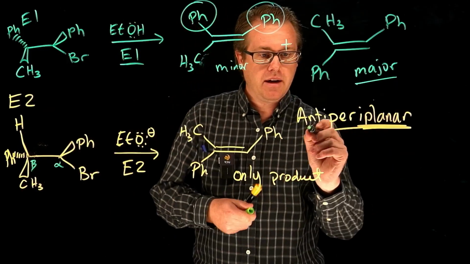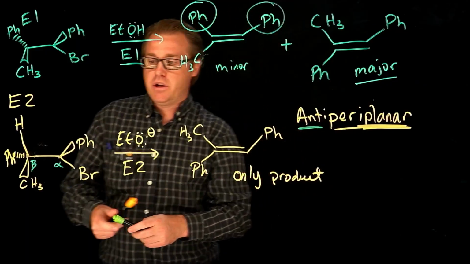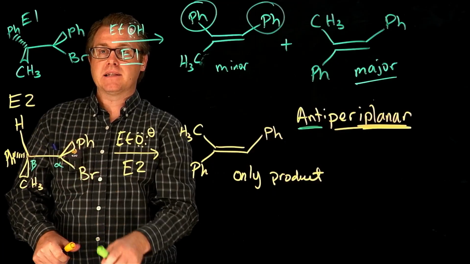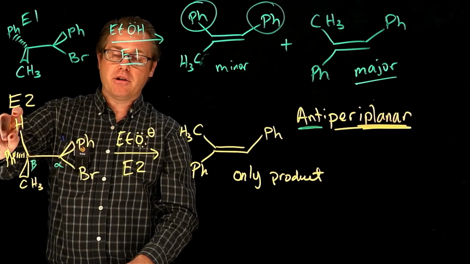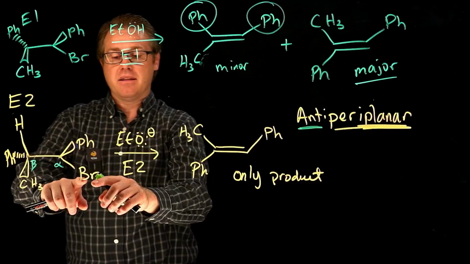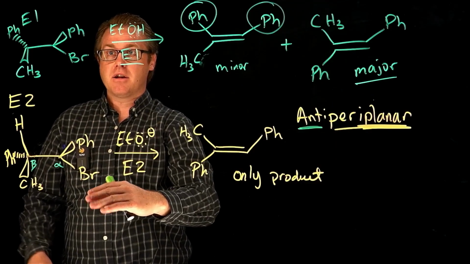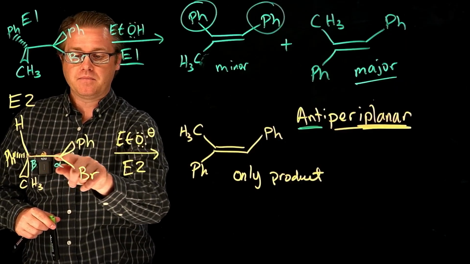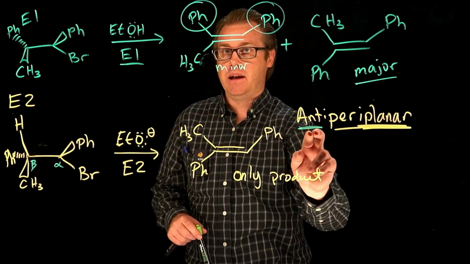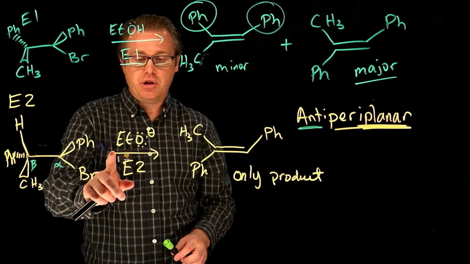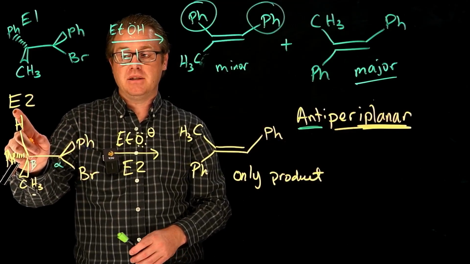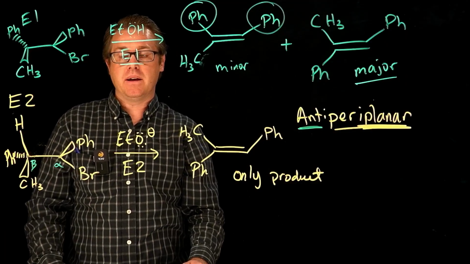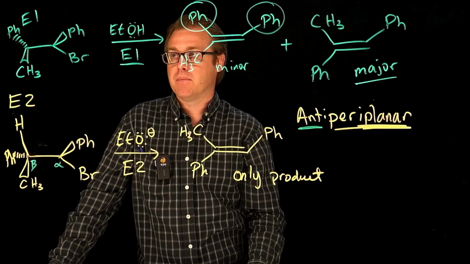Now the other part here, this anti, when you take a look at the beta and alpha carbon, do you see how it's oriented in space where the hydrogen is on the top face and the leaving group is on the bottom face? They're on opposite faces of this beta-alpha bond right here. And that's what the anti part means. In order to do an E2 reaction, the hydrogen and the leaving group have to be anti-periplanar to one another in order for it to work.